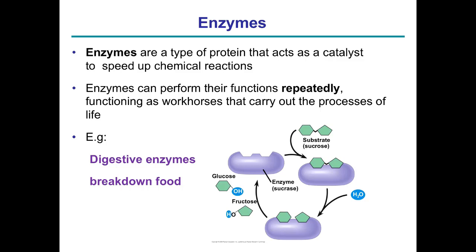Briefly, the enzymes are responsible for the kind of reaction that we just discussed. Here the enzymes are responsible for a hydrolytic reaction, where the substrate sucrose goes and binds to the enzyme at the enzyme binding site.